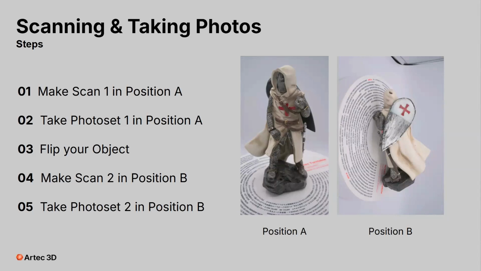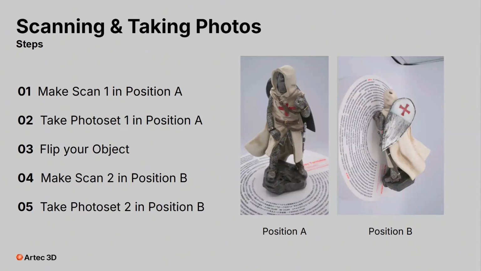So if you're filming for phototexture, first you need to place your object somehow. You need to place it in an upright position, make scan 1 in this position, and then, which is really important, you need to take a photo set in the same position.